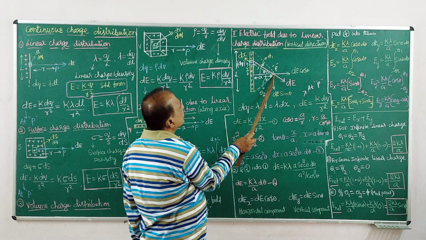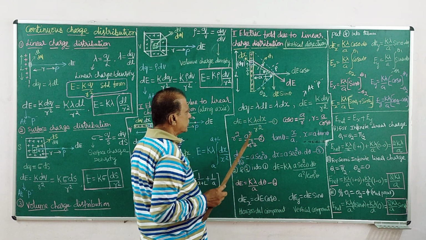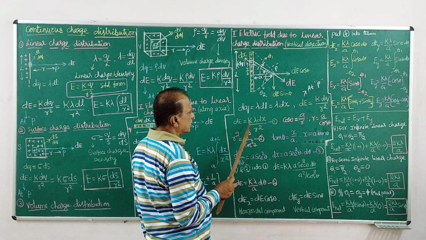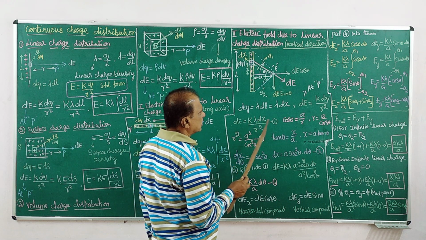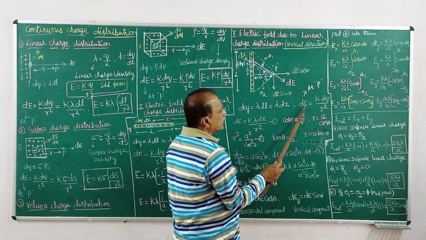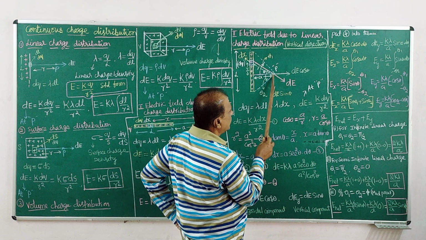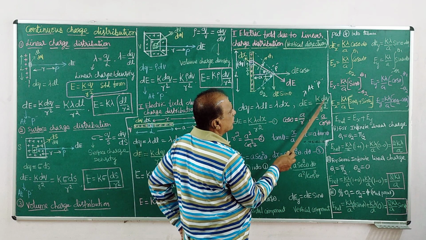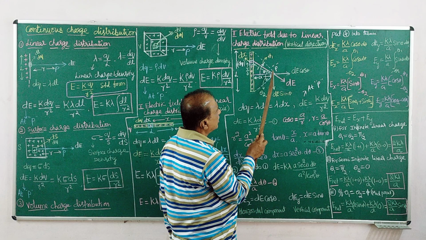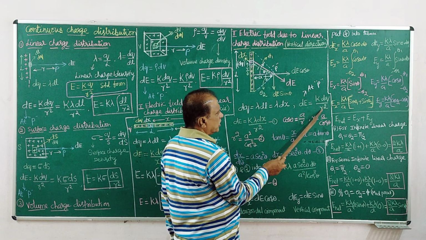Now at this point, the equation is dE equals k times dq over r square, the same kind of equation as before. The electric field at this point due to the infinitesimal charge is Coulomb's constant times the amount of charge dq at a distance of r, divided by r square.